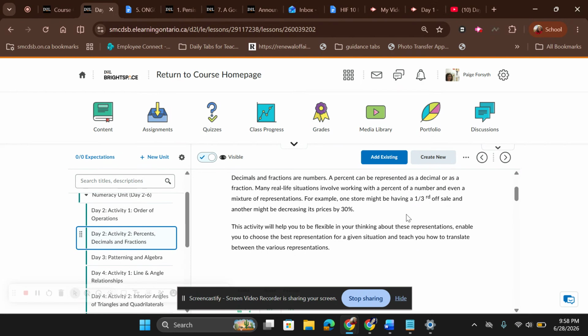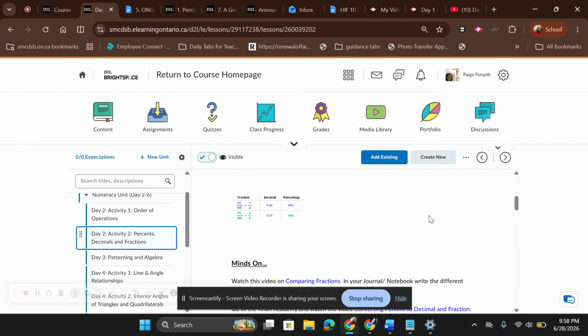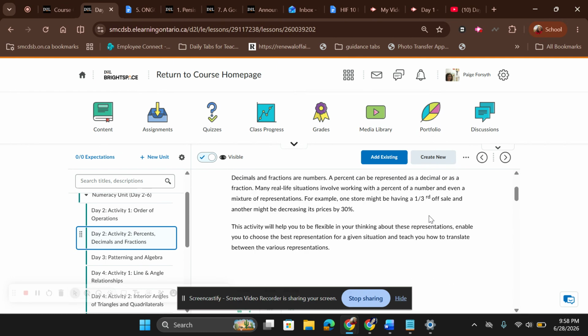So one store might have what's called a third off sale, and another might be advertising a decrease in price by 30%. So you'll see through this activity that 1/3 off and 30% are actually the same thing.